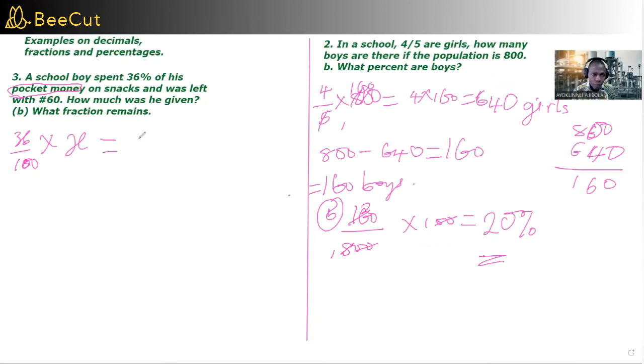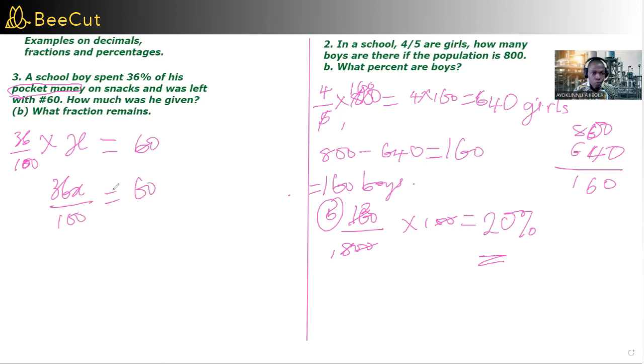Very good. Left with 60 naira. So we are finding X. Very good. So 36 times X, that is 36X over 100 equals 60.